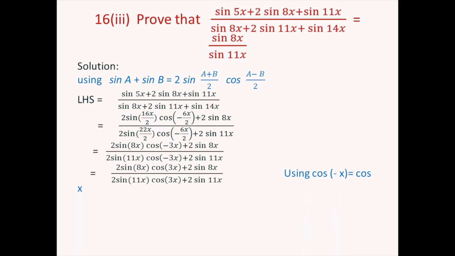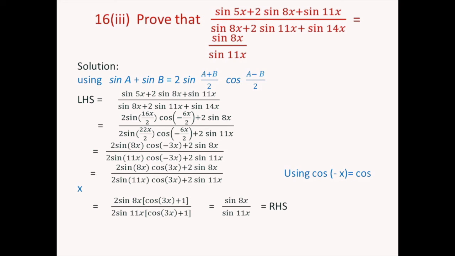This further simplifies to 2 cos 3x sine 8x plus 2 sine 8x, whole upon 2 sine 11x cos 3x plus 2 sine 11x, because I know cos of minus x is nothing else but cos x. So therefore now I have taken out 2 sine 8x as a common factor in the numerator, and in the denominator similarly I have taken out 2 sine 11x.